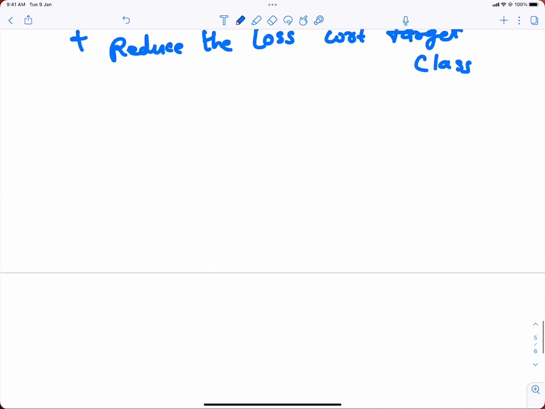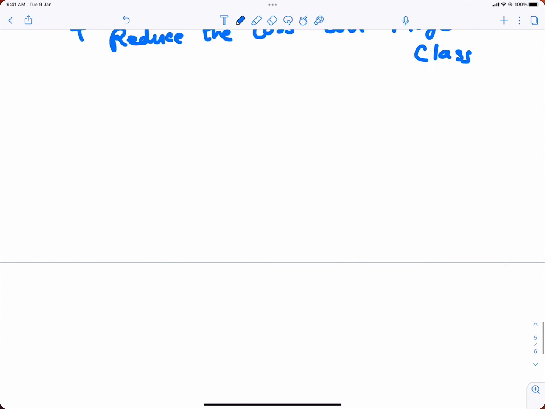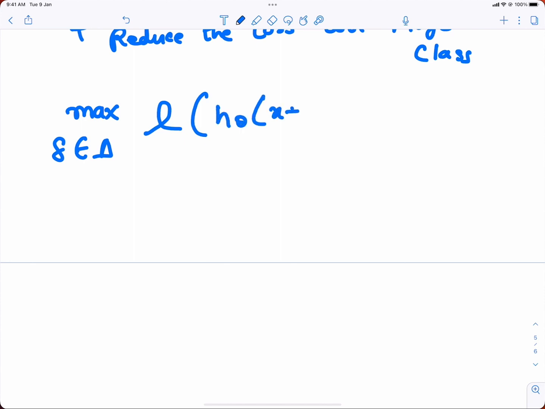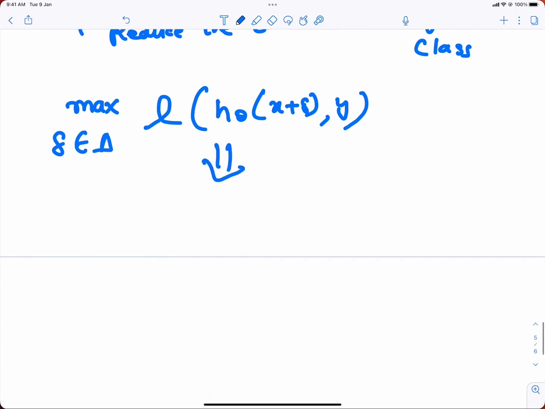So what is the optimization problem here? Our original problem was to find delta from the set of perturbations such that the loss of h theta of x plus delta, y is maximized. This can be changed so that we maximize with respect to y, but reduce with respect to some target class y target.